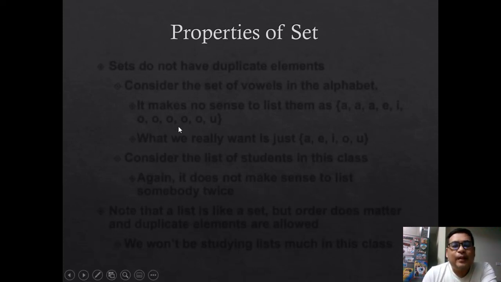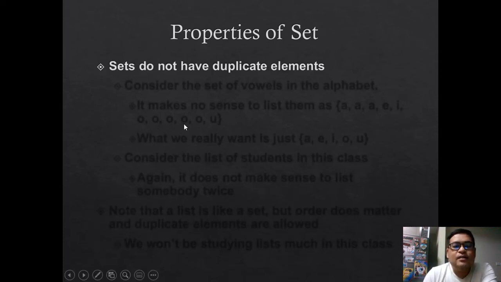Okay, another property of set: sets do not have duplicate elements. When we speak of duplicates, of course, we are talking about repetition of elements, repeating elements. Okay, consider the set of vowels in the alphabet.